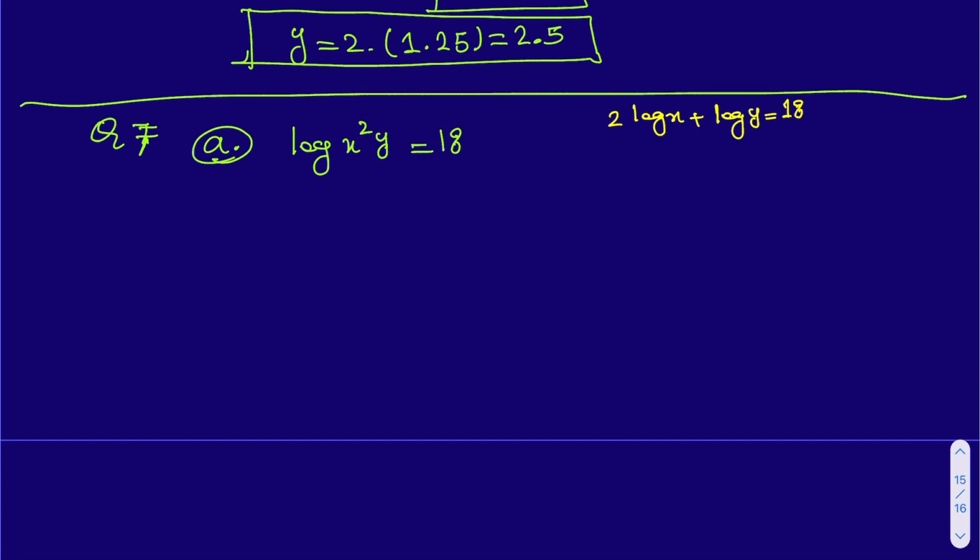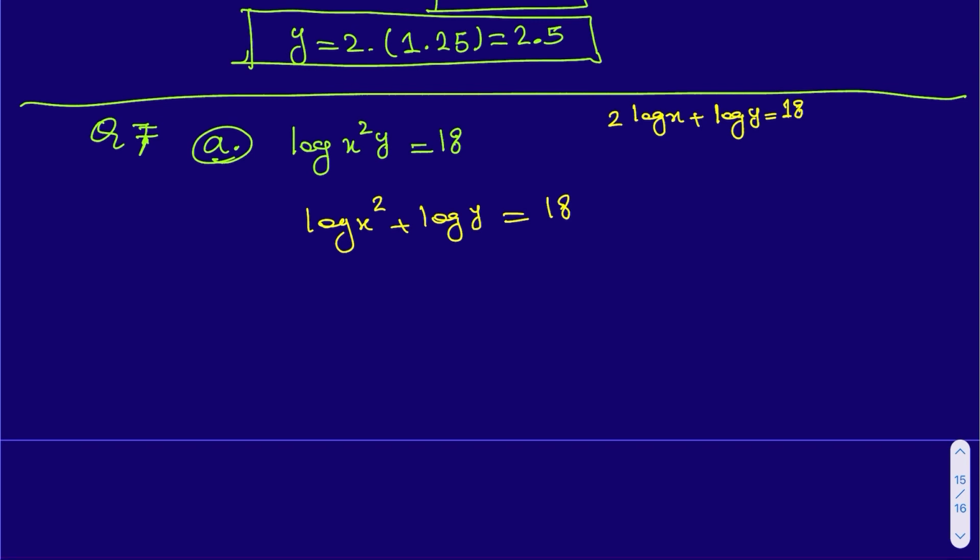So we can write simply log x^2 plus log y is equal to 18. Okay, and then I will convert, and then I will move this power behind the log, because this is one of the properties or the rules of logarithmic equations.